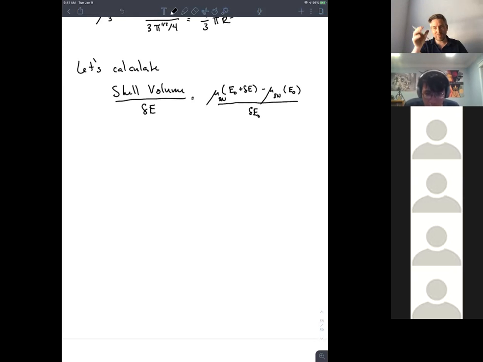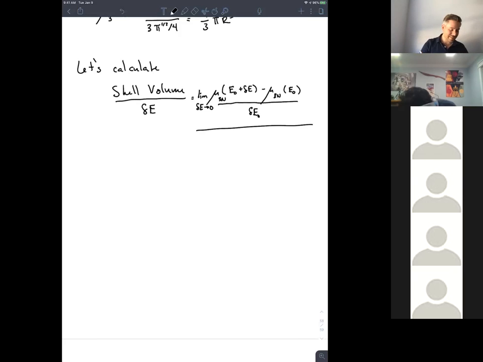And so now again, the way this procedure works is we look at our phase space at a constant energy, we kick the energy up by some small amount delta E to calculate our volume, and then we let delta E shrink back down to 0. So in other words, what we want to do now is take the limit as delta E goes to 0. What does this look like? It's a derivative, right? That's a derivative.